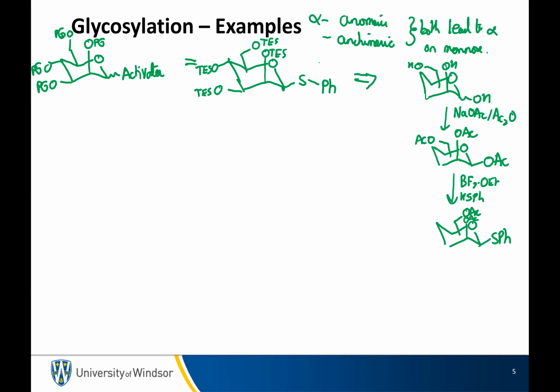Now, just before we go on to Rona's TESs, what do you think about acetate protecting groups on this sugar? Remember, our goal is to make an alpha anomeric mannose.